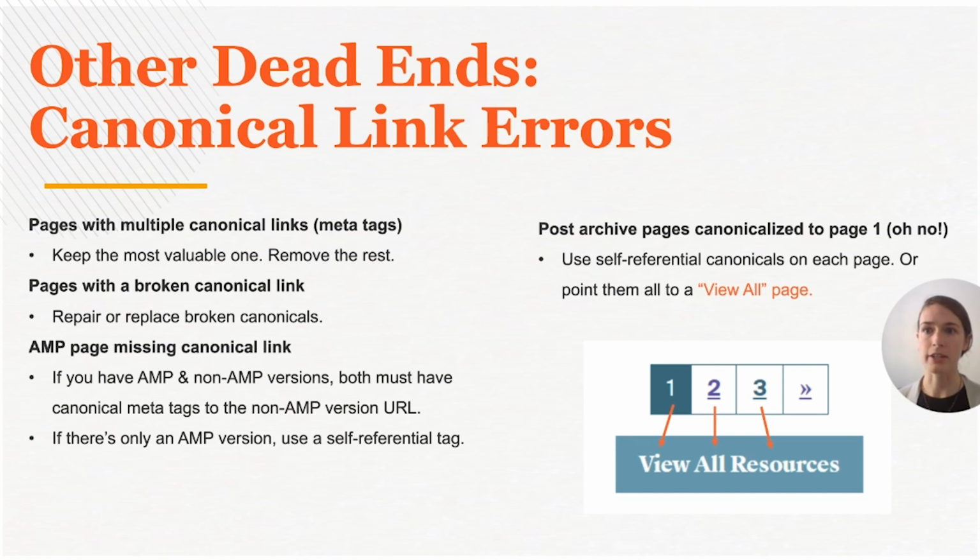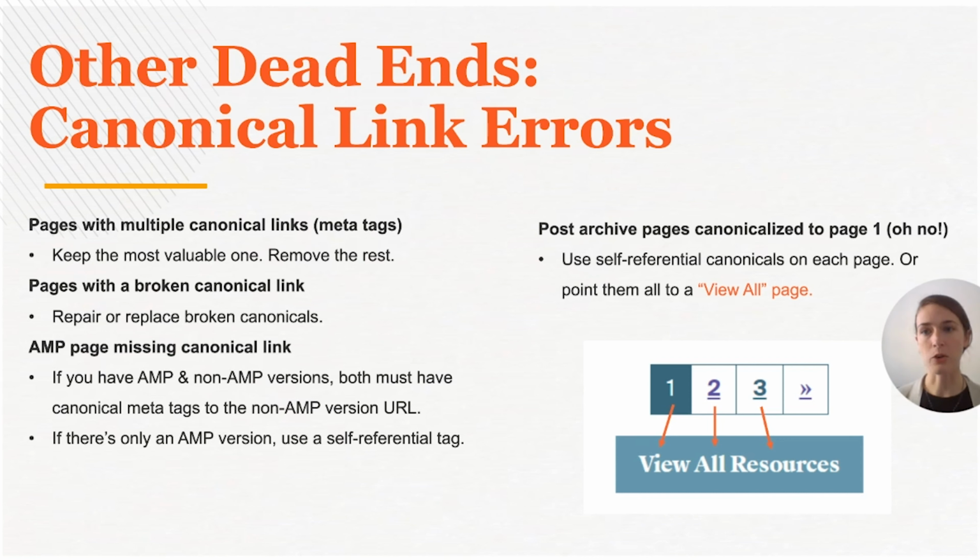Okay, moving on to other types of dead ends, canonical link errors. Canonical links are otherwise known as canonical meta tags. These are those little attributes on a page that point somewhere and say to the search engine, hey, this is the true original version of the content, even though you might notice a few different versions of it.